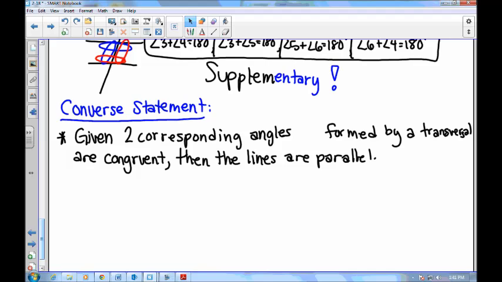And finally, if you know you have 2 consecutive interior angles that are supplementary from a transversal, then the lines are parallel. Converse, you start with something different, but at the end you have the same conclusion, right? Your givens and your endings match.